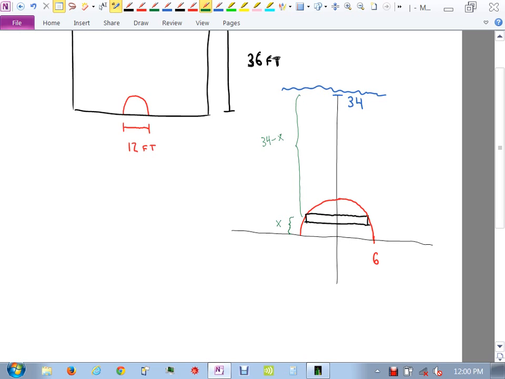You always make the water level your origin? It's not necessarily always the case. Here's why I put it where I put it. I need to find a relationship now between X and how wide that rectangle is. How wide is this thing going to be?